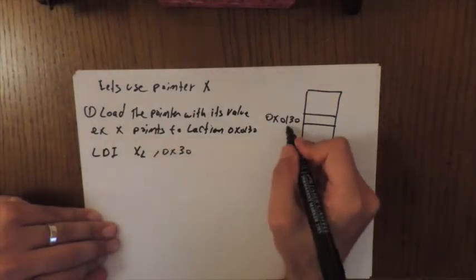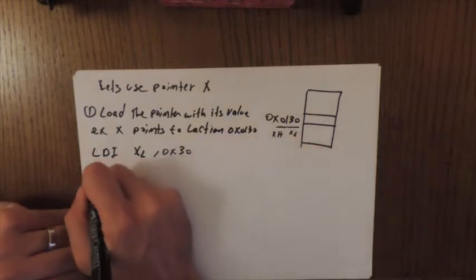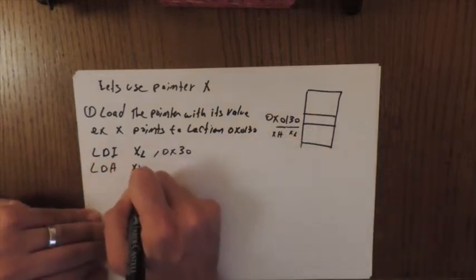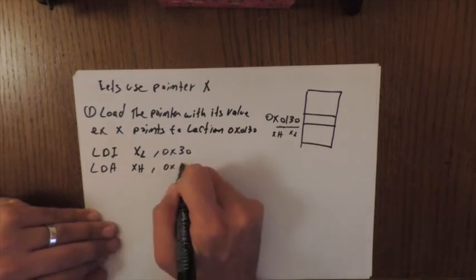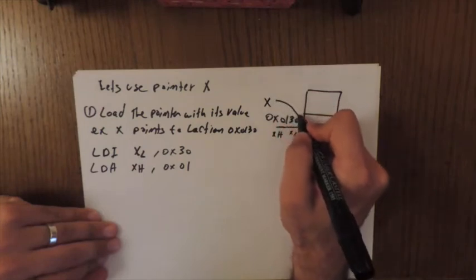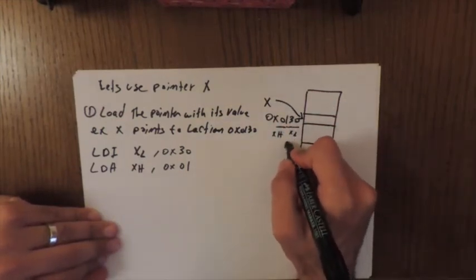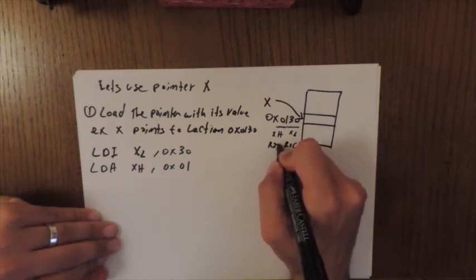So the low byte will be XL and this will be X high, and LDI XH will be 0x01. So now I have X pointing here. And remember these are registers R26 and R27.